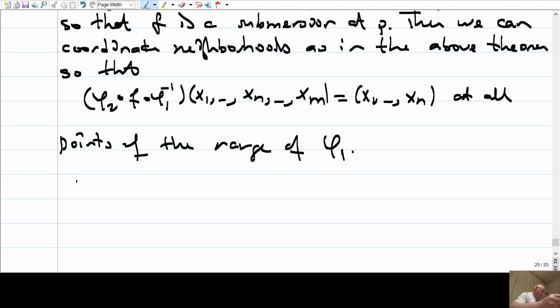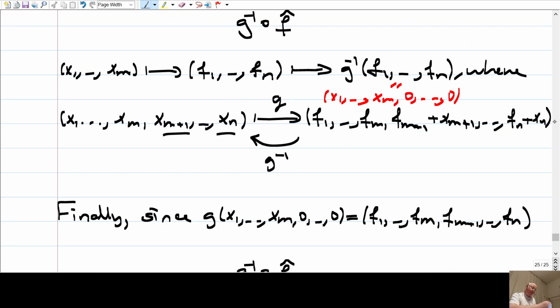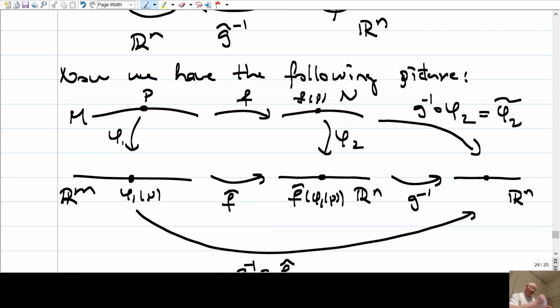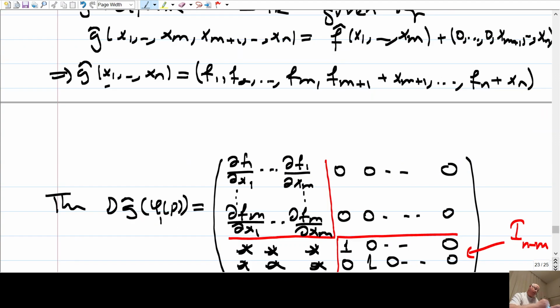Next we have a definition. I will not prove this, but the proof is similar. This time you have to increase the dimension of the range. In the first theorem, we increased the dimension of the domain, right?